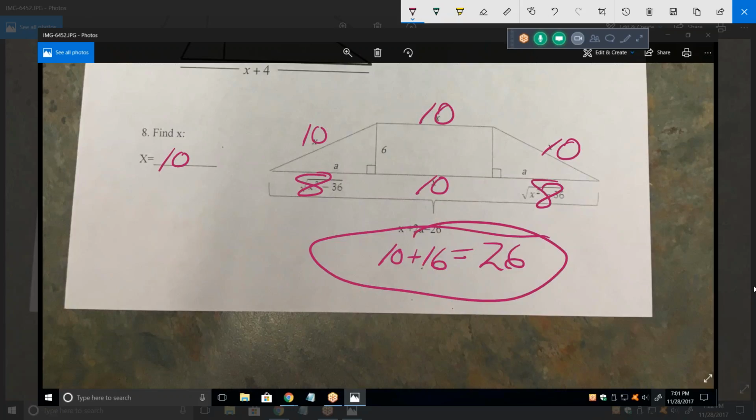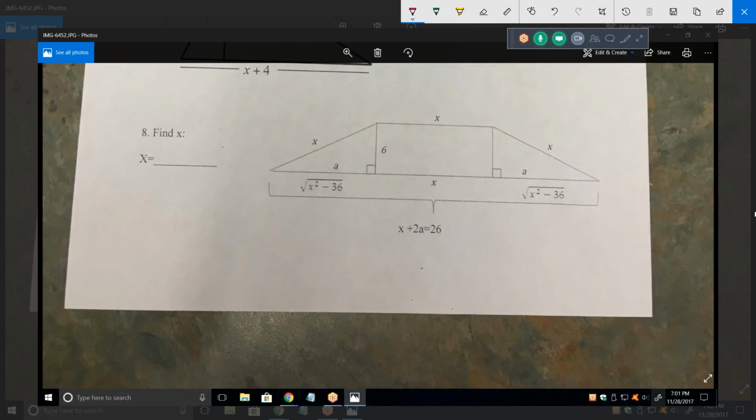Now, that was pretty difficult, but not really. Not once you know how to solve equations where there is a radical sign. The first thing we had to do was add that plus that plus that, which gives us 26.